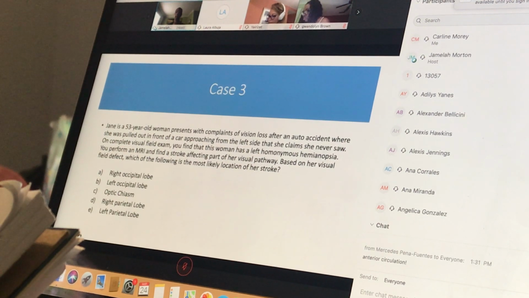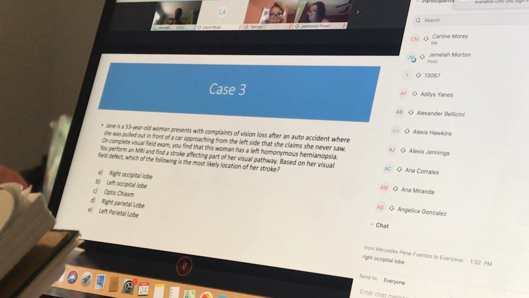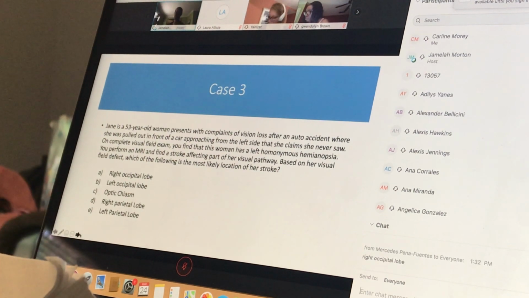Now, when we talked about the occipital, we had the right occipital lobe and the left occipital lobe. And in your HEENT lecture, you should have gone over a little bit of your visual fields and which conditions will give you which visual field neglect, or which visual field would be affected by what. So remember that your right visual field is completely on the right.